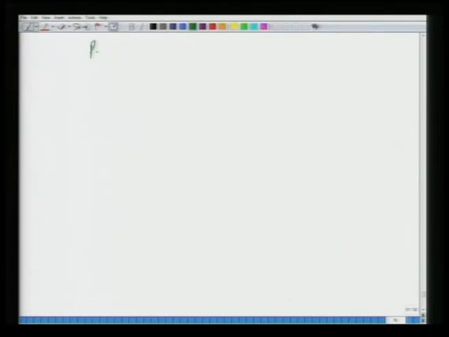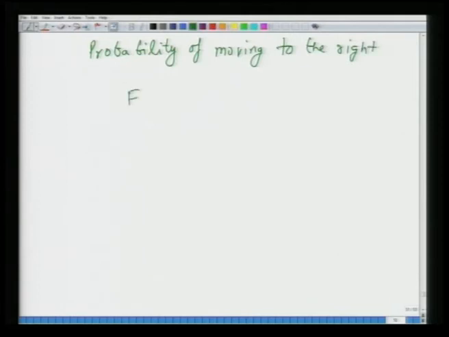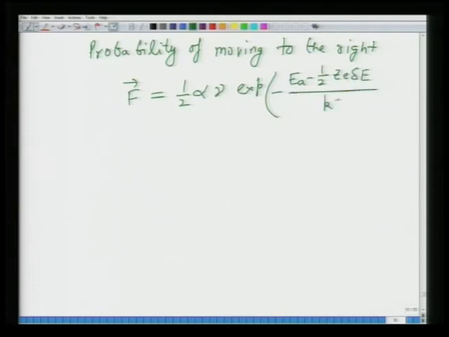The probability of moving to the right, which I denote as F right, would be half of alpha nu exponential of minus EA minus half ZeEδ divided by KT.